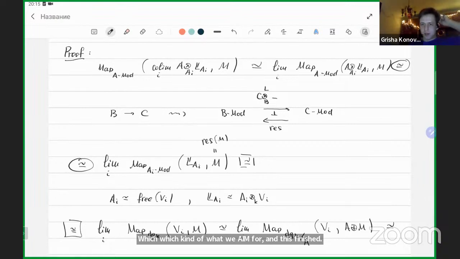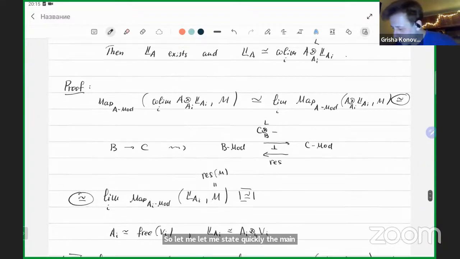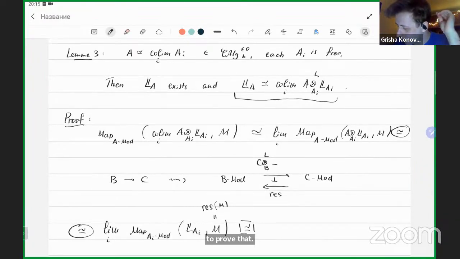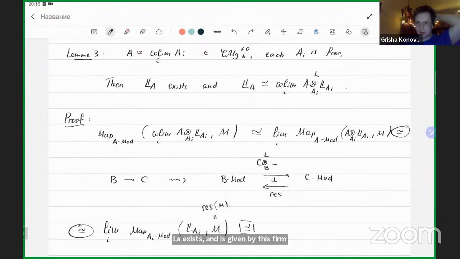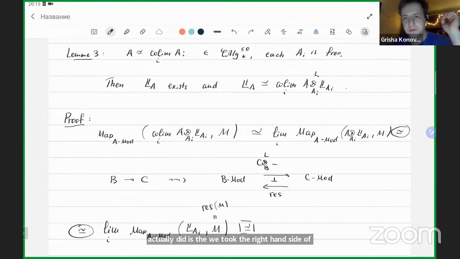So let me state quickly the main point. We wanted to prove that LA exists and is given by this formula. And what we actually did is we took the right-hand side of this formula and computed the functor that it co-represents.